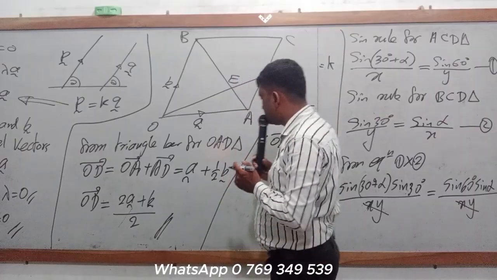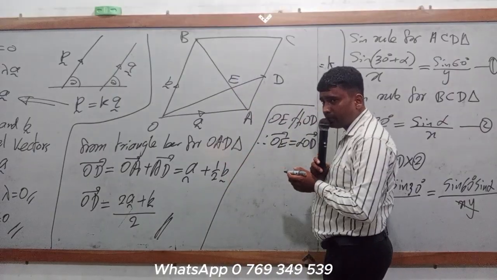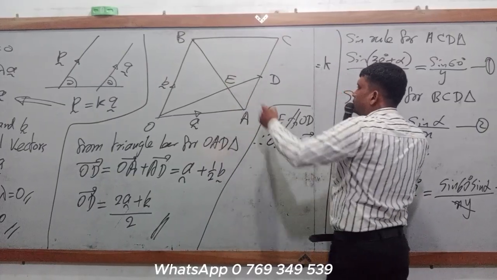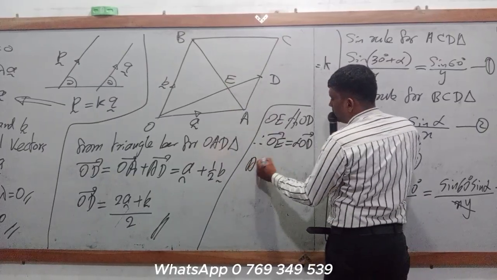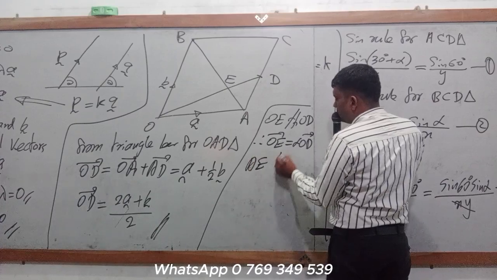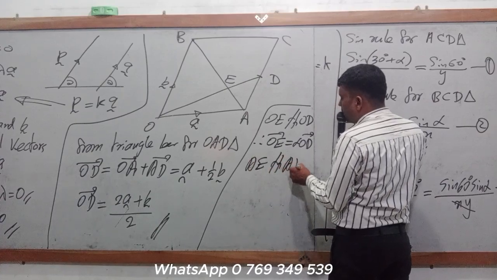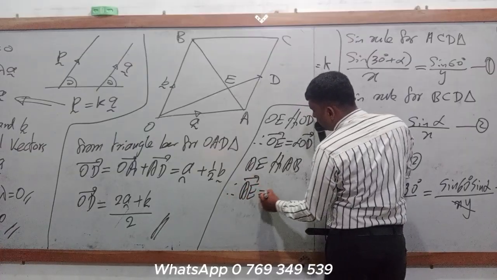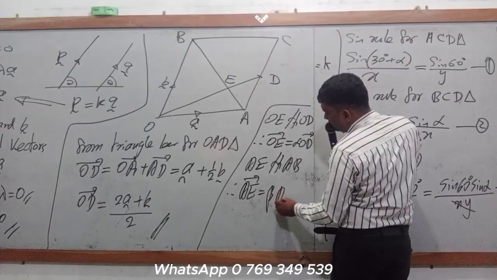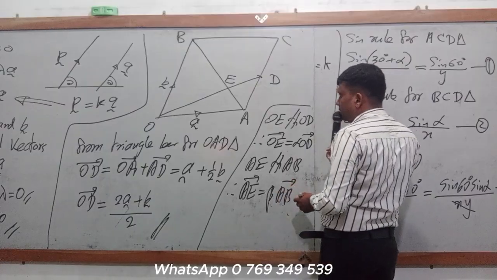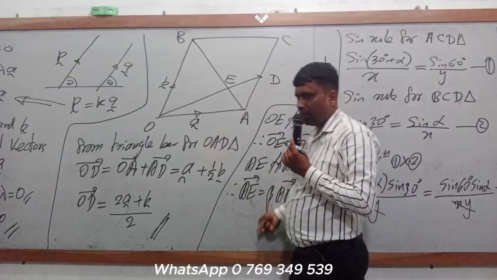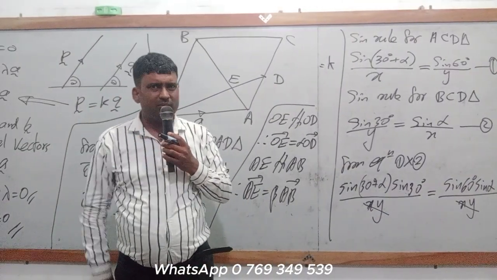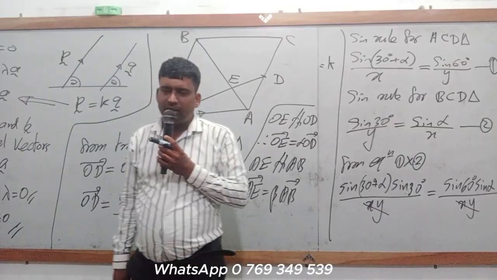Next, AE and AB are also parallel, no? AE parallel to AB, therefore AE equals beta AB. That theory you can also say here, but this is enough because of the parallel, right?